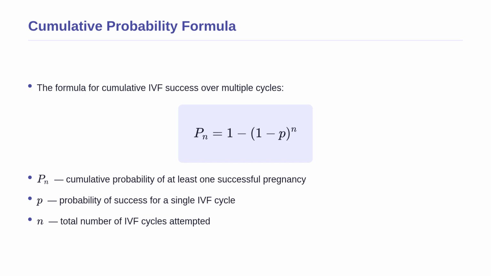The variable p represents the probability of success for a single individual IVF cycle, which depends heavily on factors like the patient's age and overall health. Finally, the exponent n represents the total number of IVF cycles the patient undergoes. As the number of cycles n increases, the cumulative success rate, P_n, also increases.